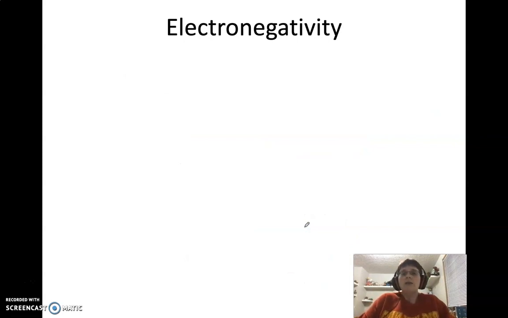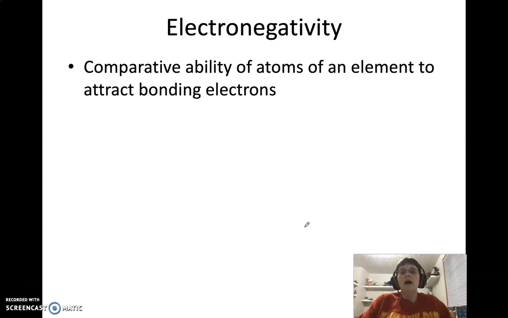So what this is related to is what we call electronegativity. This is actually the ability of atoms of an element to attract bonding electrons. So it's not just the amount of electrons that an element can have that will create this polarity, but also the atoms themselves.